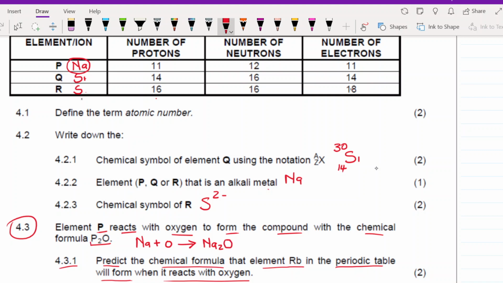So this is what they are saying here, because sodium is said to be element P. So when they said P2O, that means it's sodium, Na2O. So they said now what will the element Rb form when it reacts with oxygen? Okay, now let's look at this one.